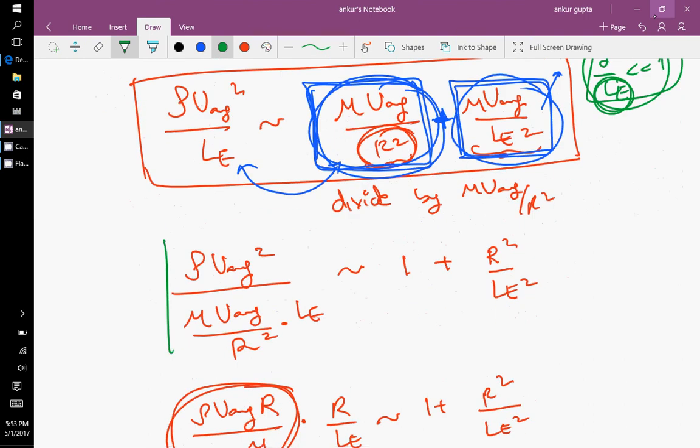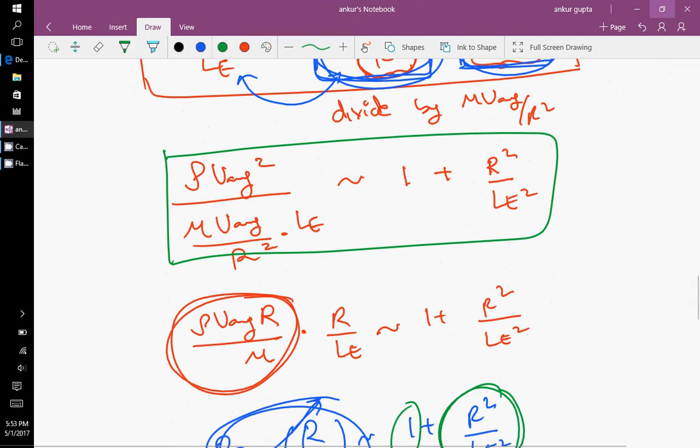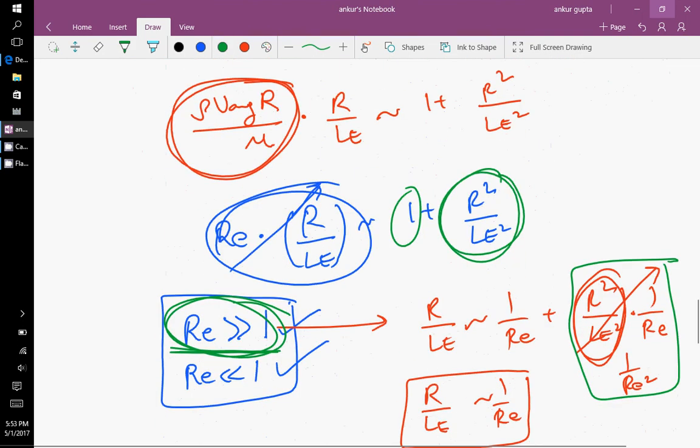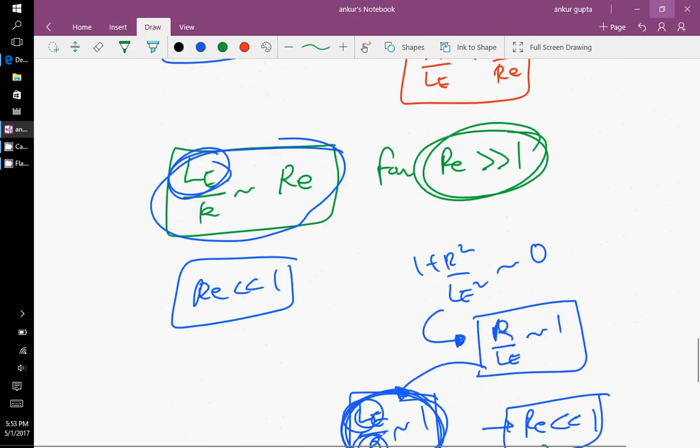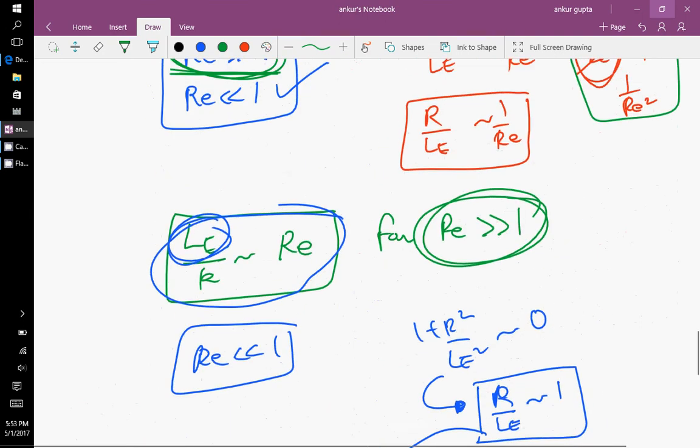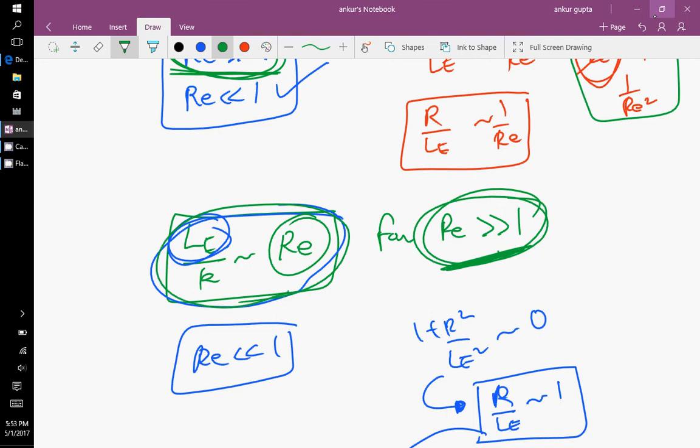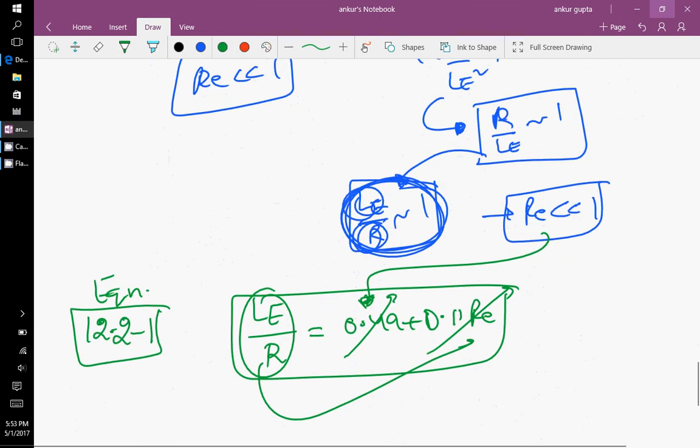So we did two cases, Reynolds number much greater than 1 and much less than 1, and finally we got the limiting case that the entrance length is proportional to Reynolds number for higher Reynolds number, which made sense that it will take longer, because the growth of the boundary layer is very slow, so it takes longer to reach the center. When you have low Reynolds number, it is basically similar to the radius. And this variation matched well with the exact solution.